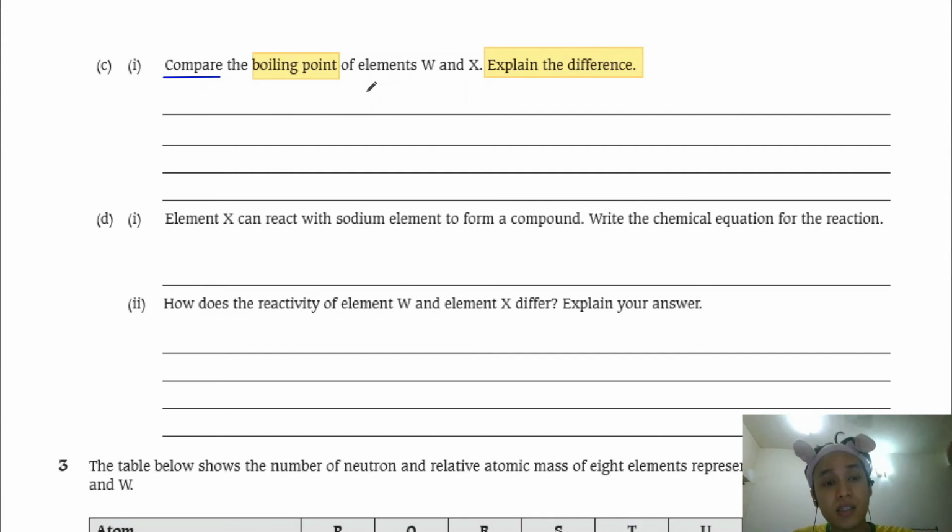So the most accurate answer will be which one is higher than which one. That is your first point here. Now when they ask you to explain the differences, three things you need to write.